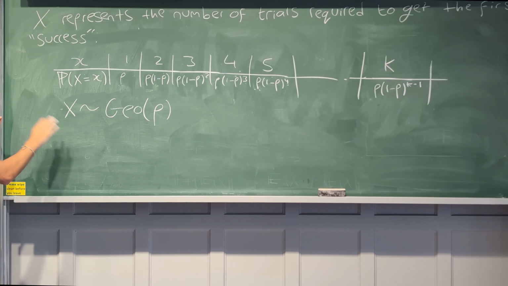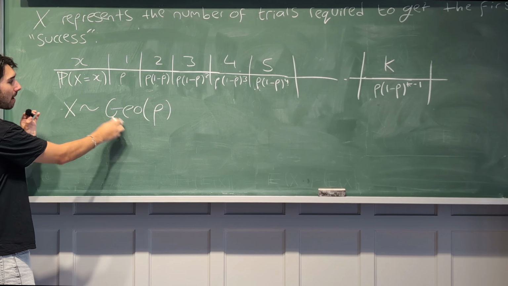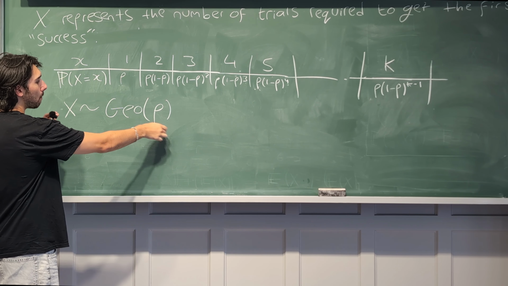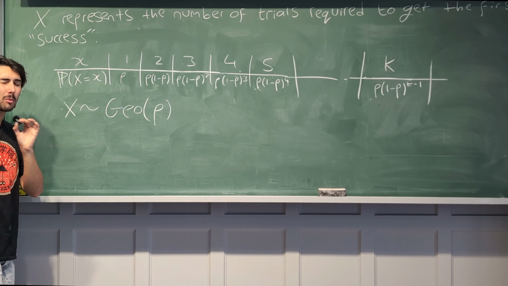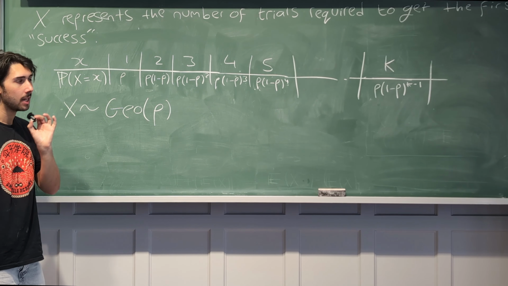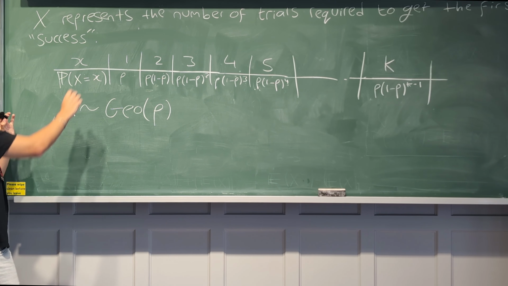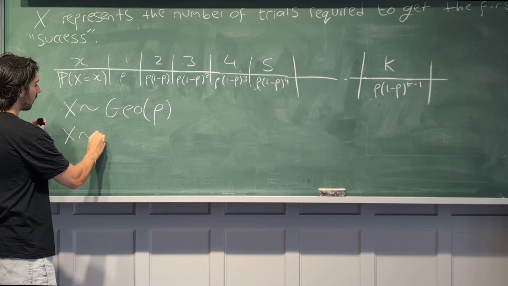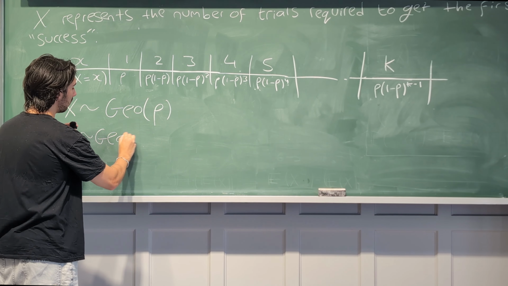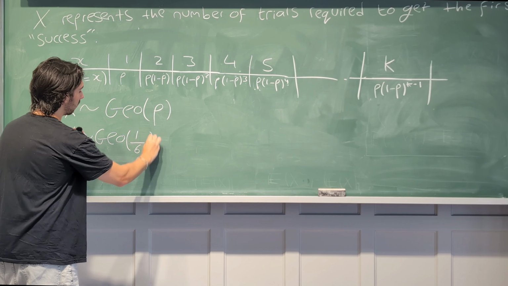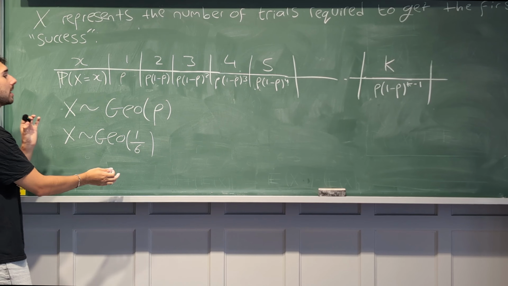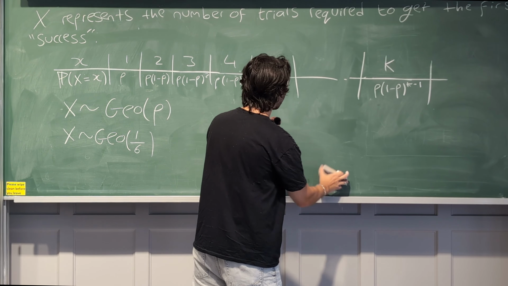This means X is geometrically distributed with parameter p, or you could say with probability of success p. For the die question, we would have said that X is Geo(1/6). That's how I would have written the die question that we just did earlier.